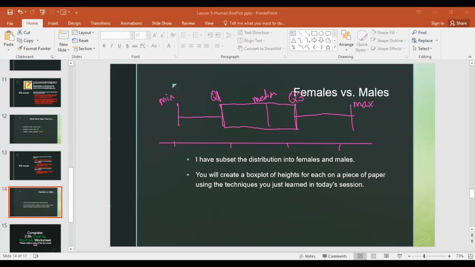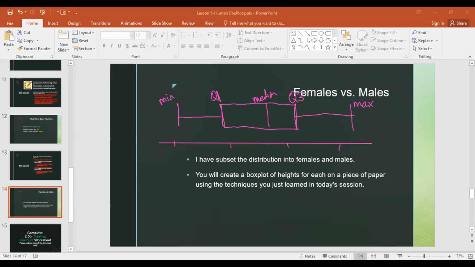So refresh the page, click on it, and you should be able to access it. You are going to make a female box plot and a male box plot. You're going to find the IQR and answer the questions. For the box plots, you can do them by hand and then take a picture and upload that to the document before you submit it.